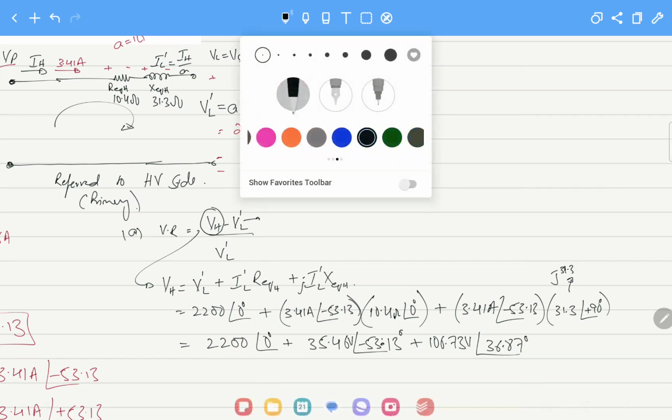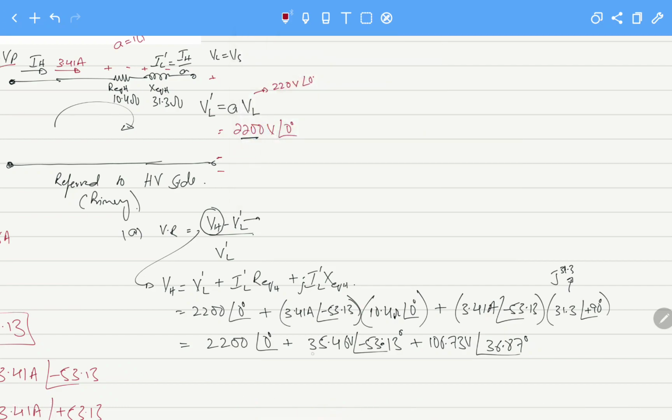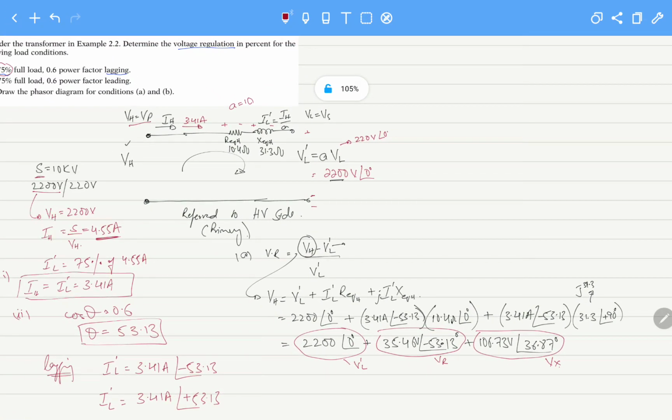So actually in reality what has happened, this is VR and this is VX, and this is V dash L, that is the output of the transformer.